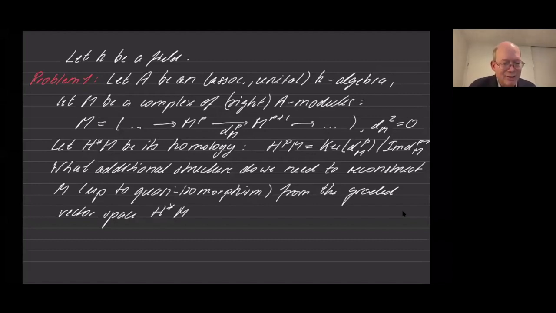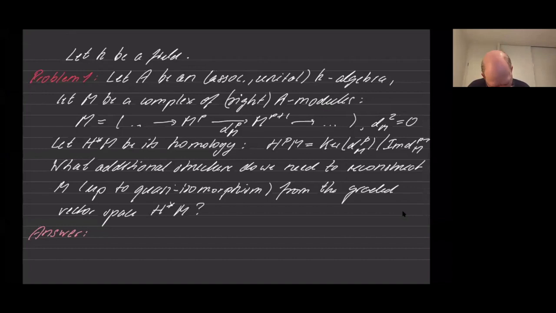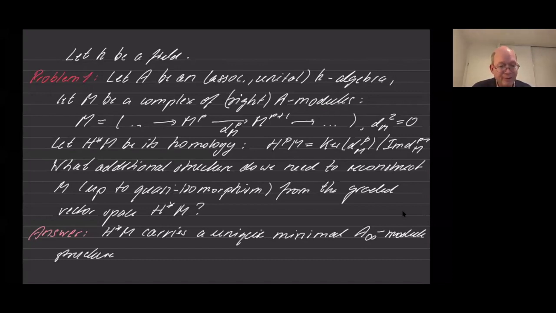Okay, this is certainly a natural question, and the answer is that this additional structure is given by a unique minimal A-infinity module structure on the homology over the algebra A. So the answer is that the homology, this graded vector space, carries a unique minimal A-infinity module structure over the algebra A, considered as an A-infinity algebra, which encodes precisely this information.